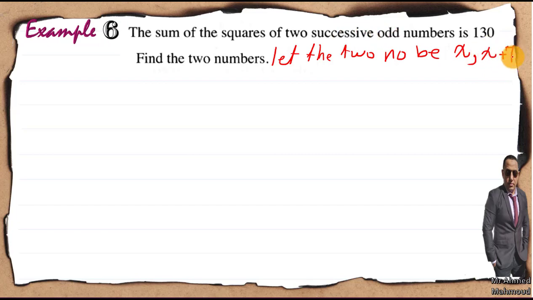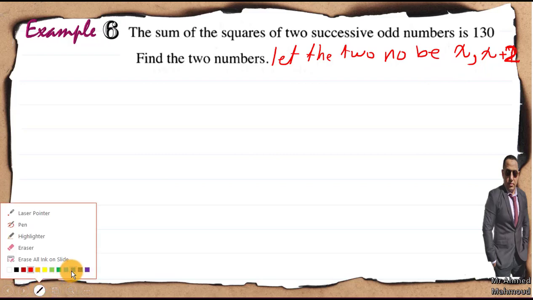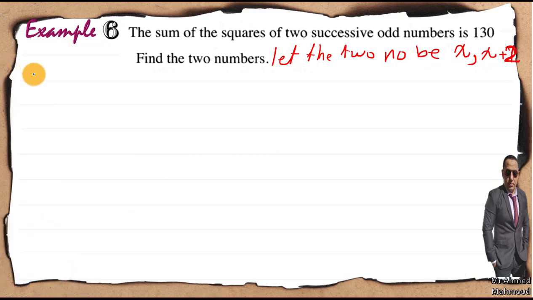Okay, x plus 2, like this. The sum of squares, so the sum of squares of x and x plus 2, like this: x power of 2 plus, open bracket, x plus 2, all power of 2. The sum equals what? Equals 130.